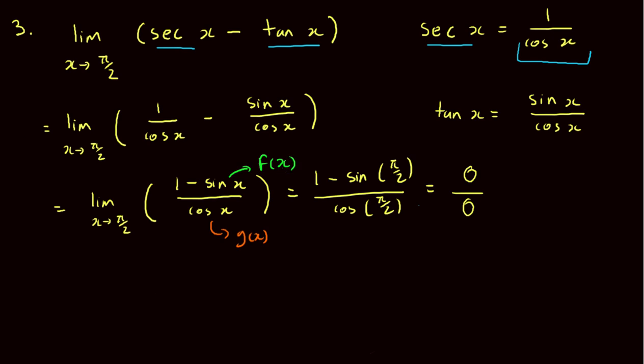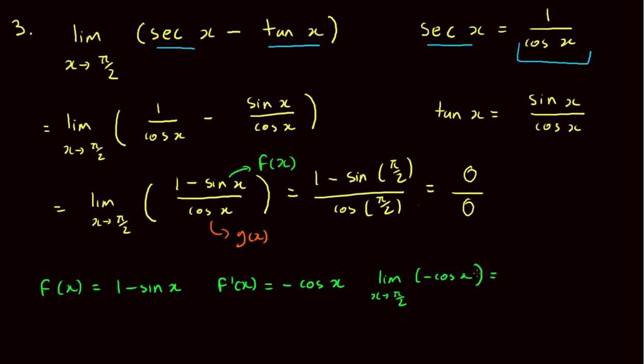We know that f(x) is 1 minus sine x, so the derivative becomes negative cosine of x.